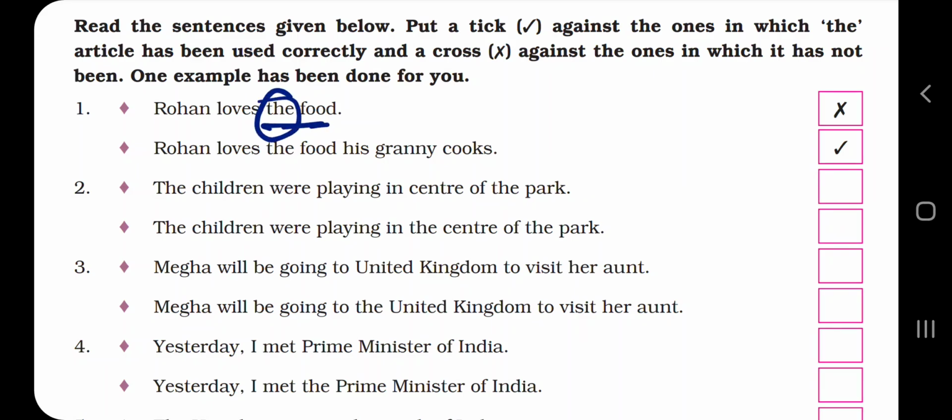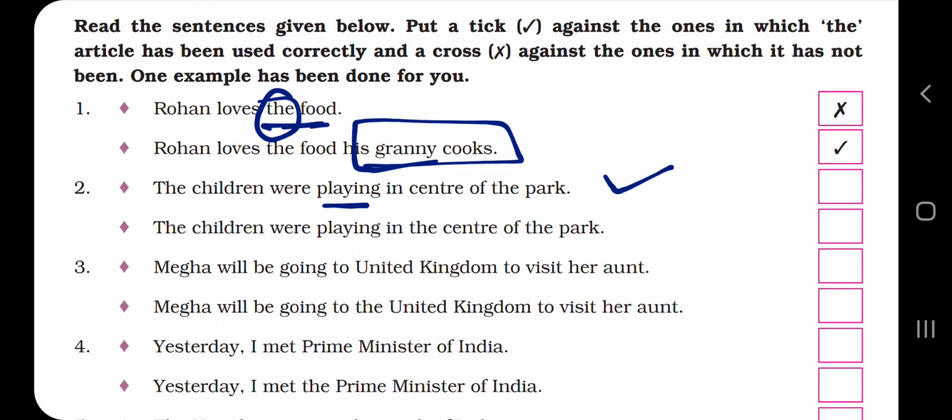Loves the food. Which food? When it is particularized, cooked food by granny. Now let's see. The children were playing in the center of the park. That is a correct sentence. There are 2 times center.